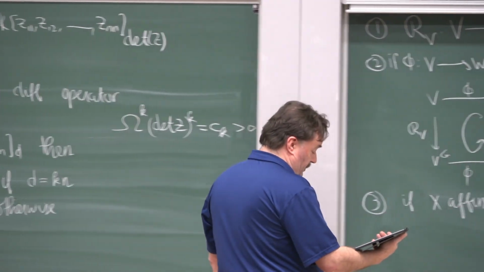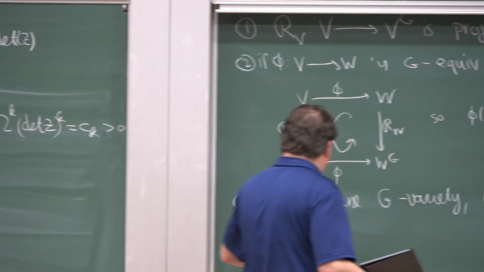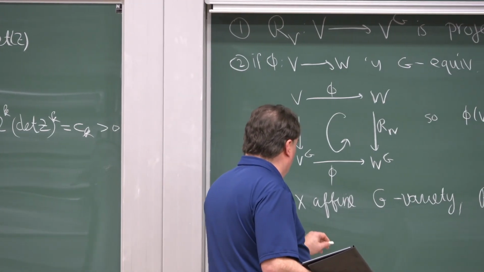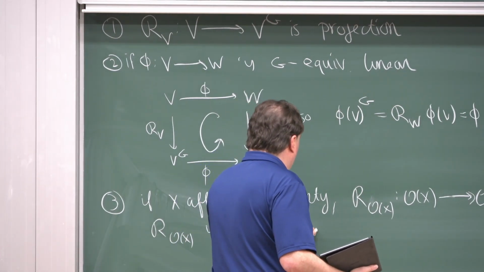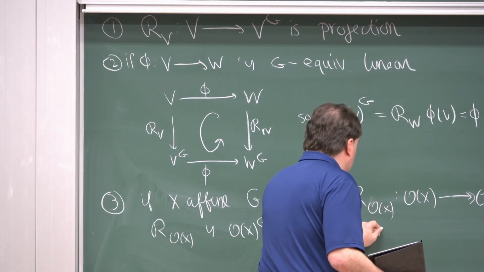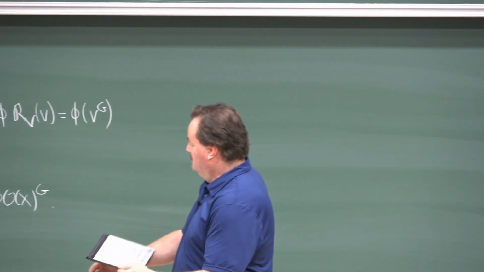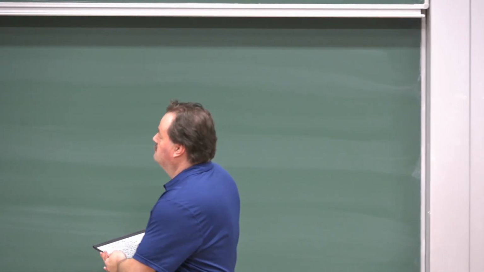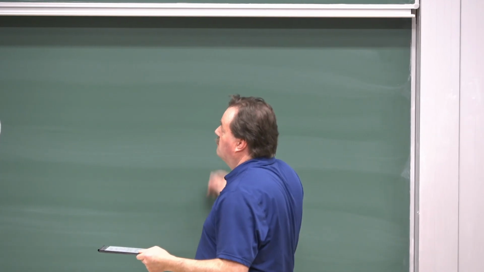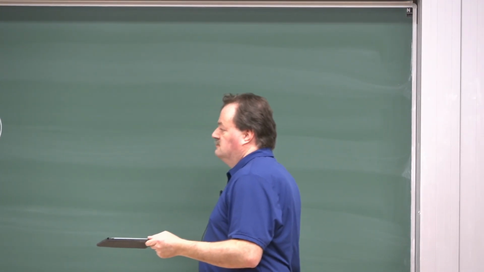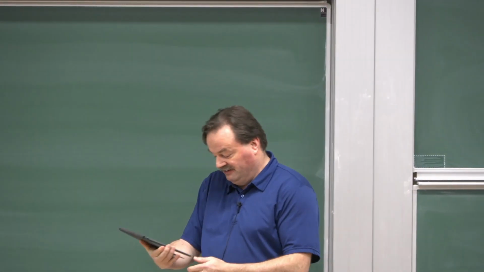In principle, you can get all invariants that way. It also has the property that this is an O(X)^G-module homomorphism, not just a linear map. And the kernel is exactly the direct sum of all irreducible representations that are not trivial.